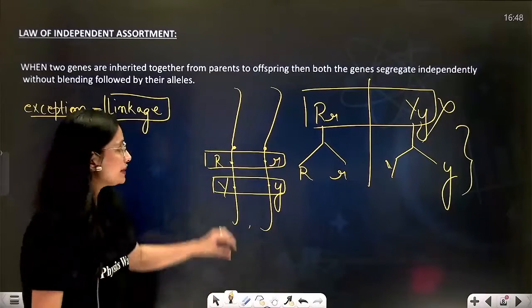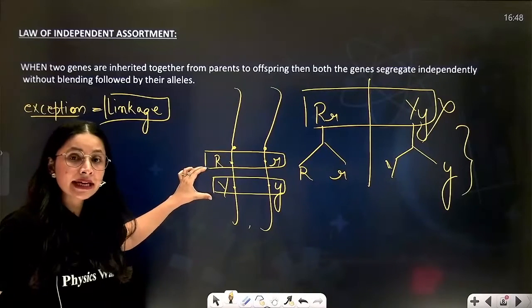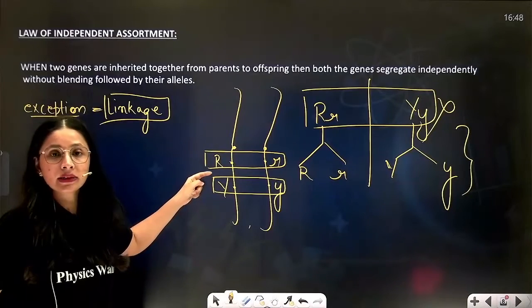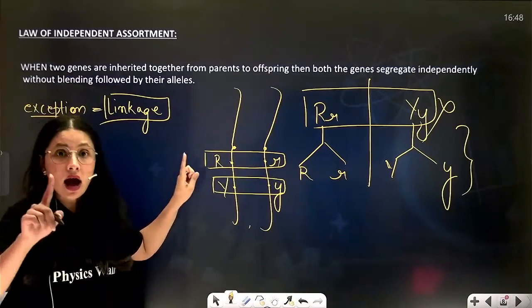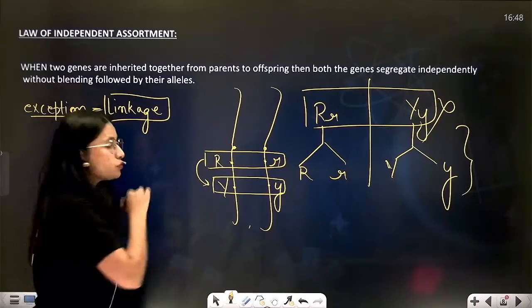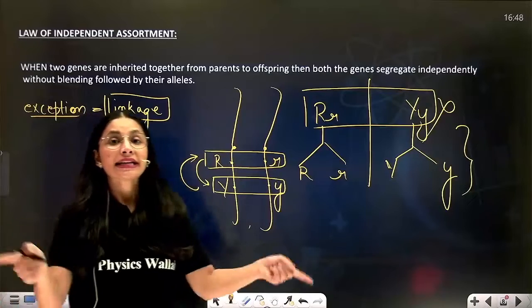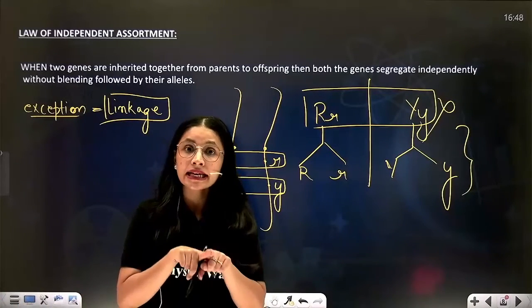When two genes are located on a homologous chromosome, they can influence each other. Correct? They do not segregate independently. R is going to influence Y. Y is going to influence R.